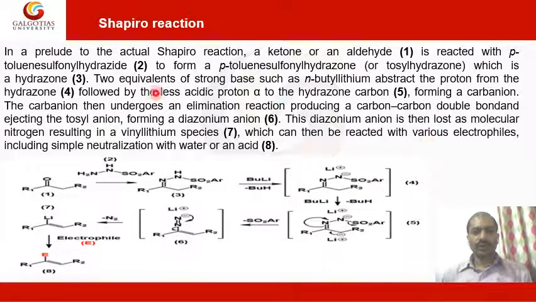So in this reaction, in the actual Shapiro reaction, a ketone or an aldehyde is reacted with para-toluenesulfonyl hydrazide to form a para-toluenesulfonyl hydrazone, or tosyl hydrazone, which is a hydrazone.